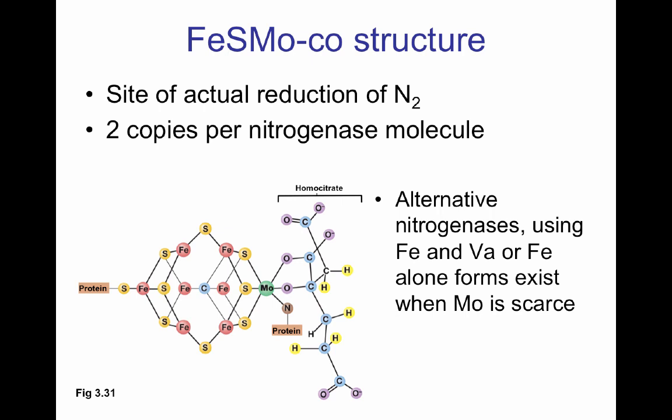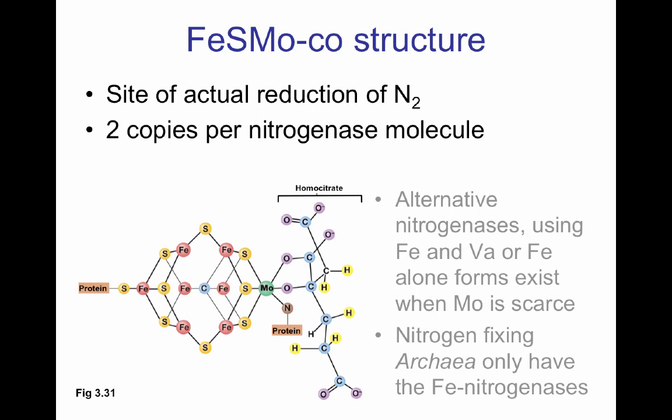We talked about molybdenum being one of those trace elements that is required in very low concentration. So if the cell doesn't have it, it will be able to substitute another molecule like vanadium or iron into that position to continue allowing it to fix nitrogen.